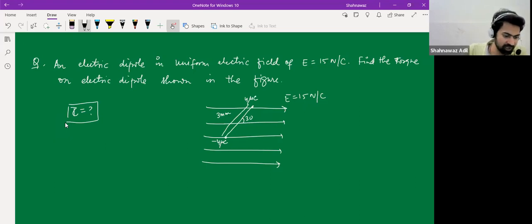Yes, guys, please find out and tell me the answer. We know what torque is, right? Magnitude of torque is how much, guys?